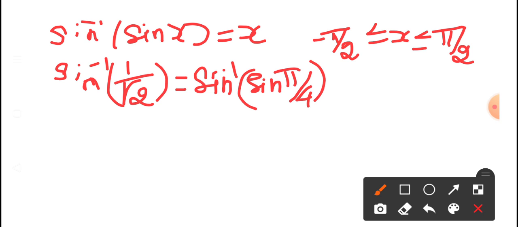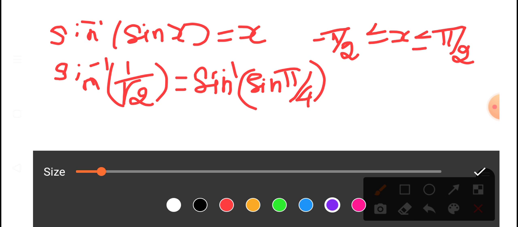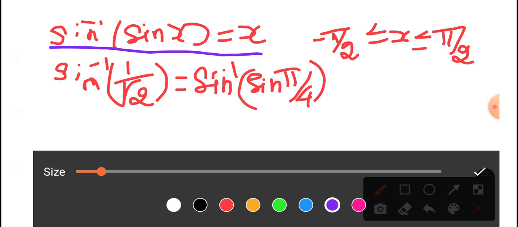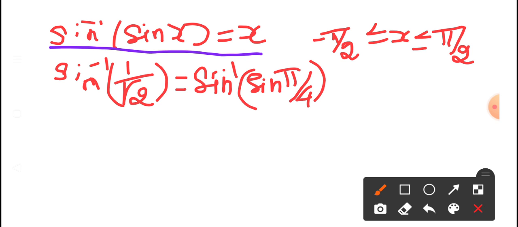Sin pi by 4 gets 1 by root 2. Now listen, sin inverse of sin pi by 4, like this formula. Now this, sin inverse of sin x equal to x. Here also we get the formula. Sin inverse of sin pi by 4, then what is the answer? This is equal to pi by 4.